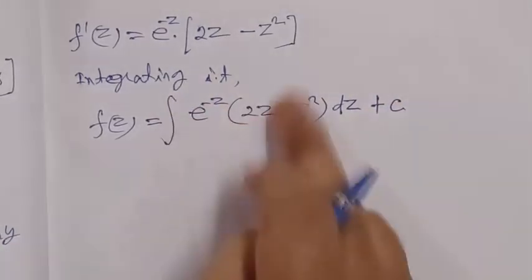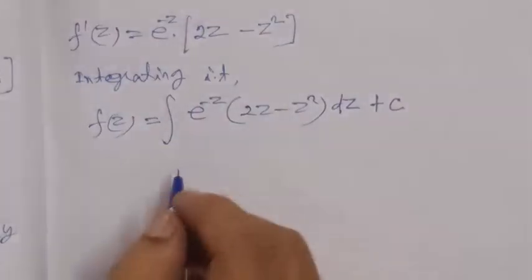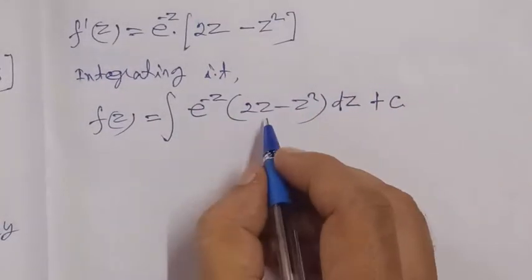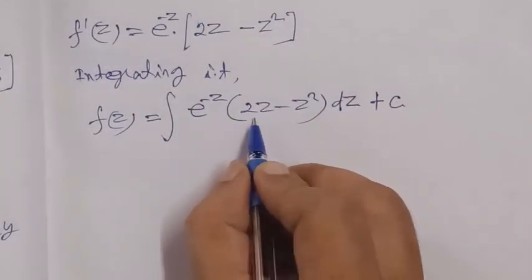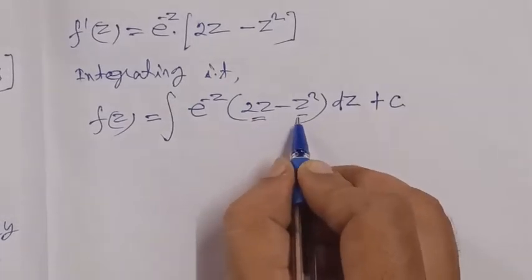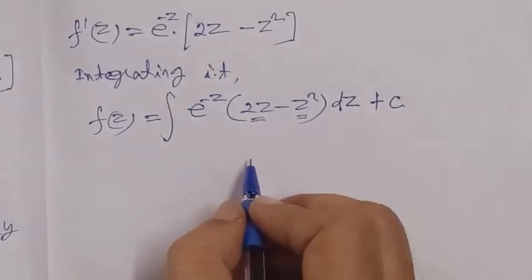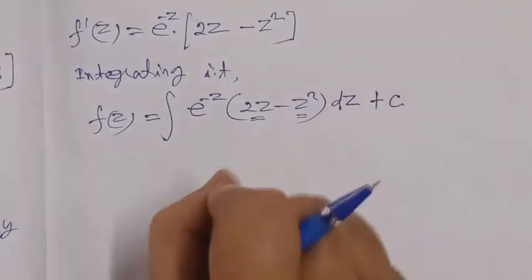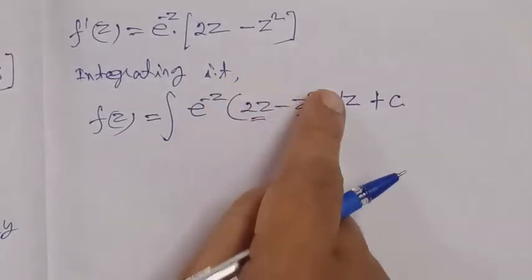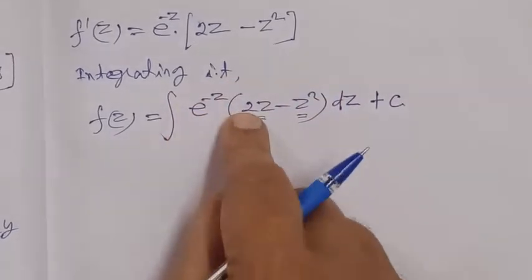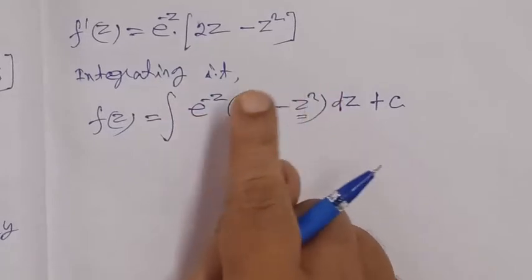You can apply many methods to solve this. I consider here that 2z is the differentiation of z square. So you can also apply the special formula of e to the power minus z multiplied by this value and the derivative of this.